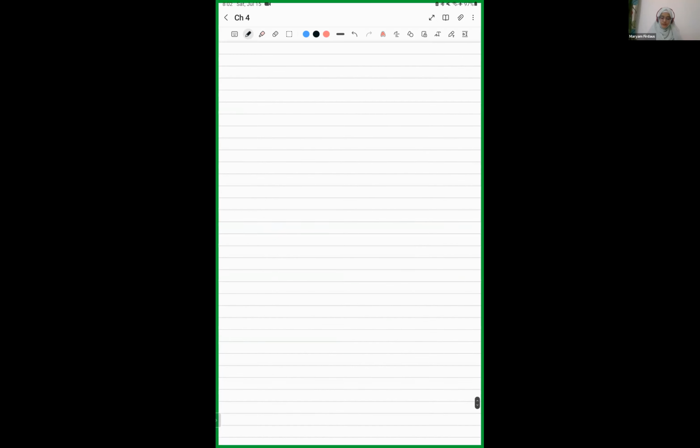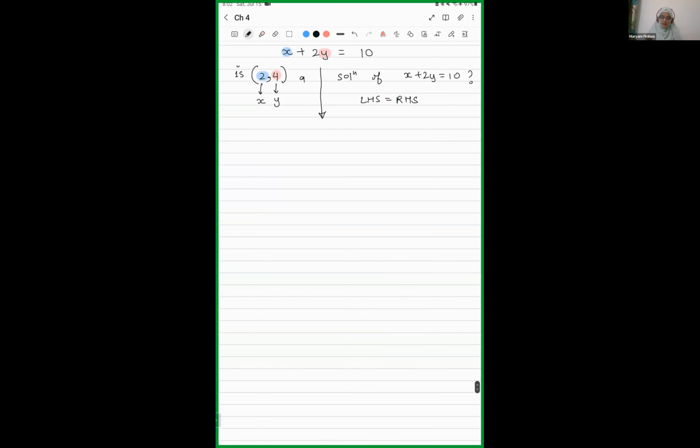So now let's come back to this. Is this a solution of this equation? Put 2 wherever you have x, and put 4 wherever you have y. Let's do that. x plus 2y. In place of x, I have to put 2, then plus, and then 2 over here. Now in place of y, I have to put 4.